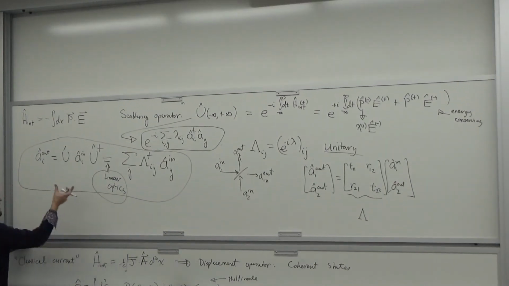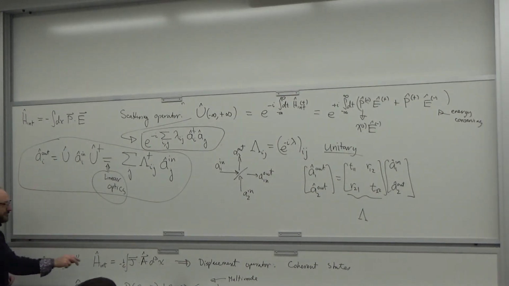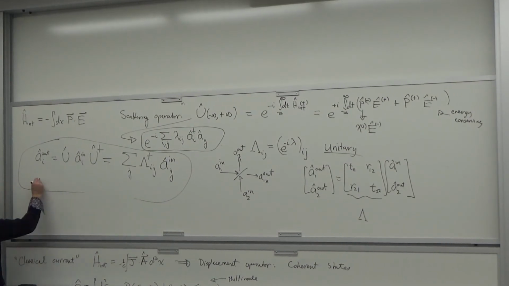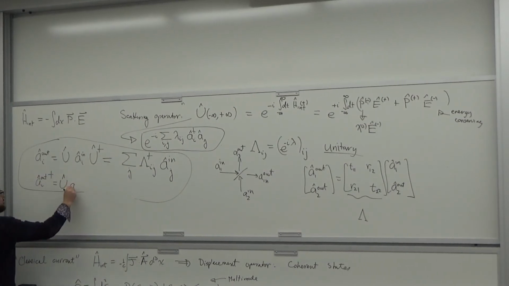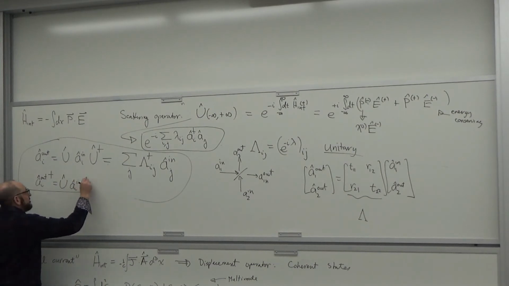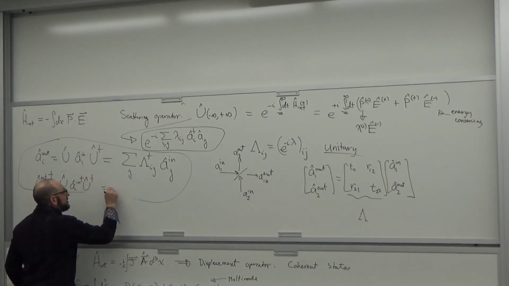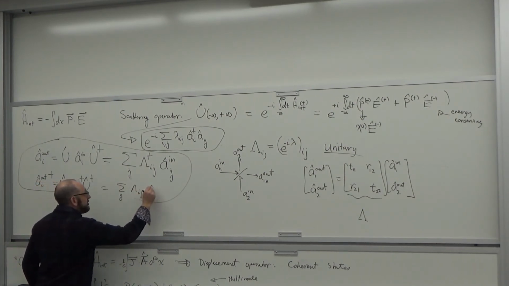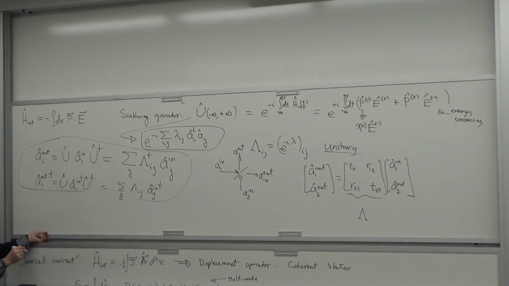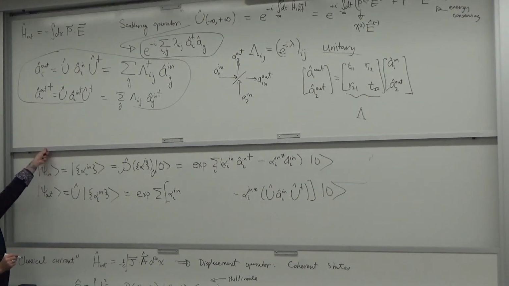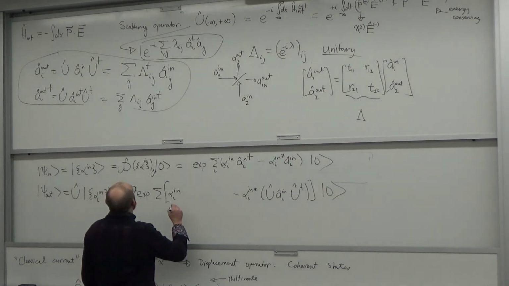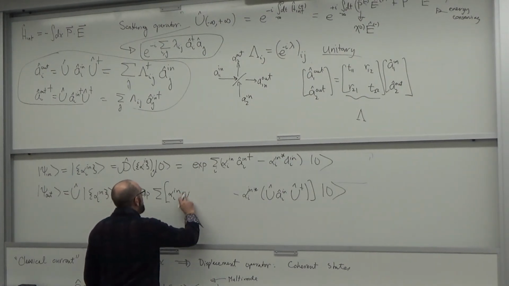So now the question, if I take the dagger of this, let's take the dagger. That takes off the dagger here. All right, good. So this guy is equal to a sum over j.